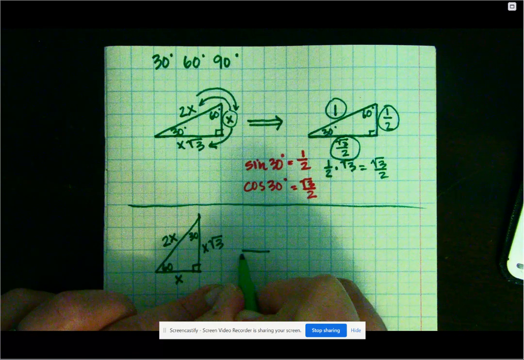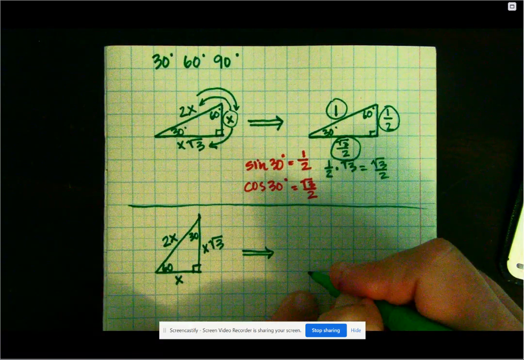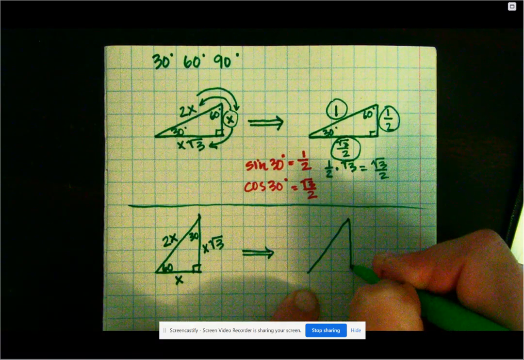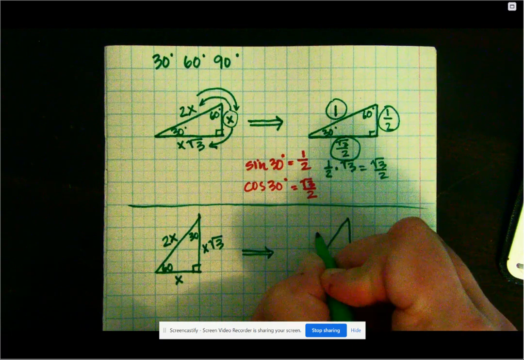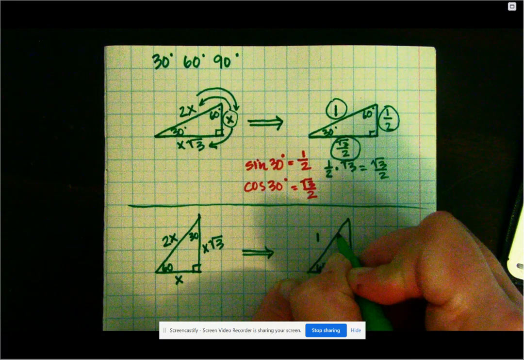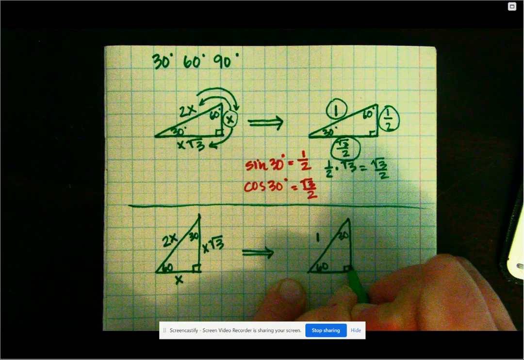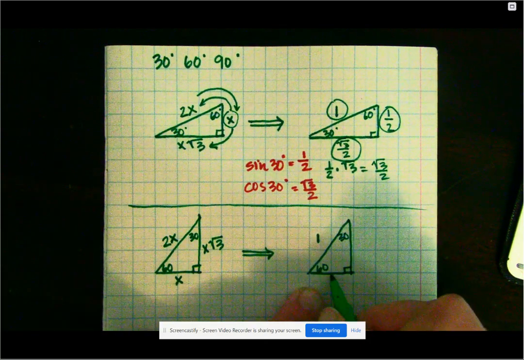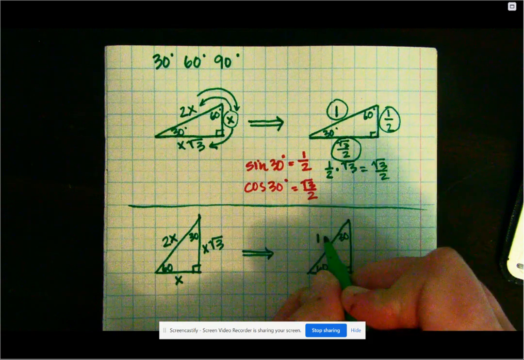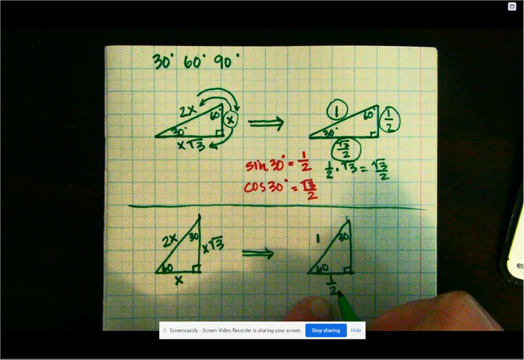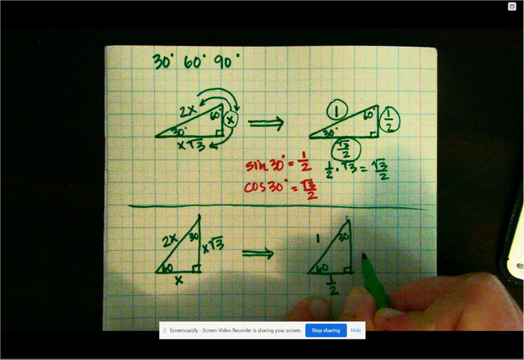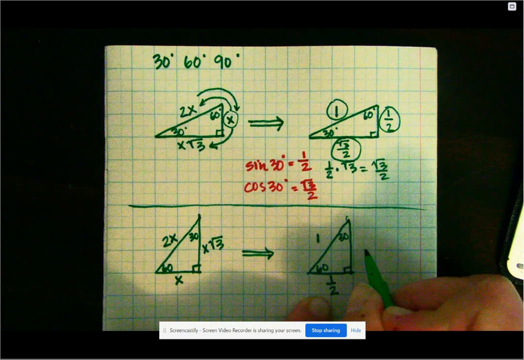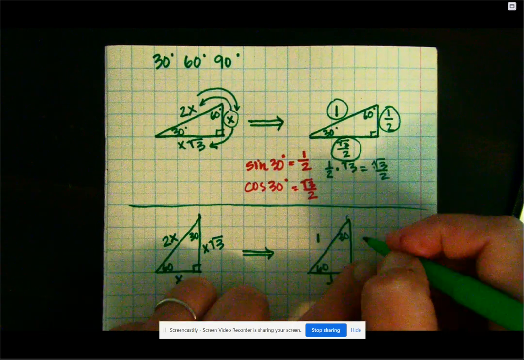So if we rewrite this so that we make the hypotenuse equal 1, and it still is 60, 30, 90. Okay, here's the short leg over here now. So this is 1/2. And then the longer leg was the short leg times the square root of 3, which is 1/2 times the square root of 3, which we've already found out was the square root of 3 over 2.